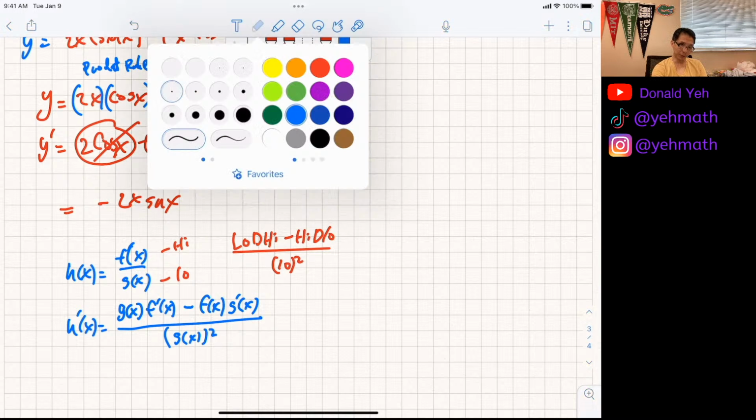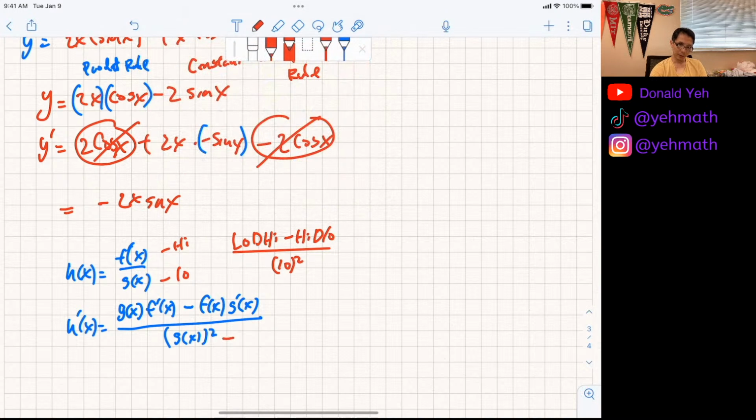Now what people usually forget is the bottom part. So don't forget the bottom, g of x squared.